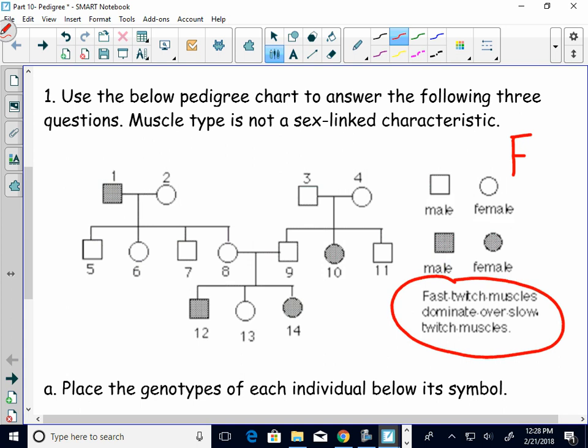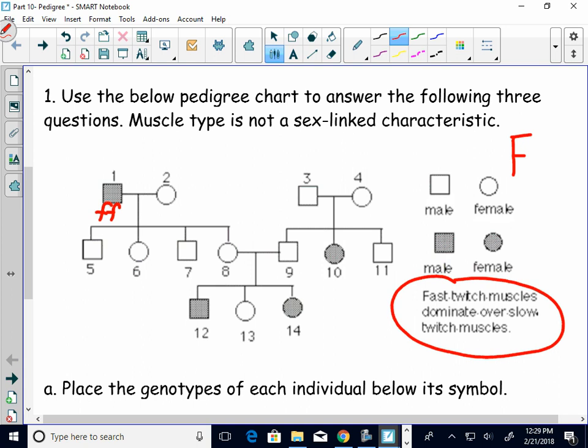I have dark shaded ones. Those are the individuals that are homozygous recessive. So, this box right here, number 1, is homozygous recessive.